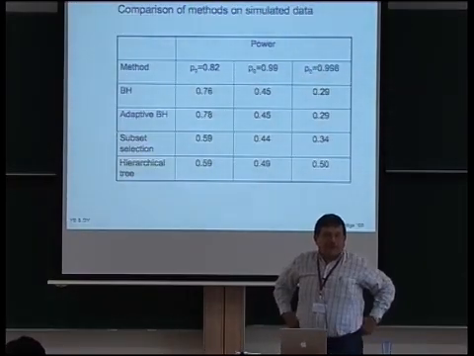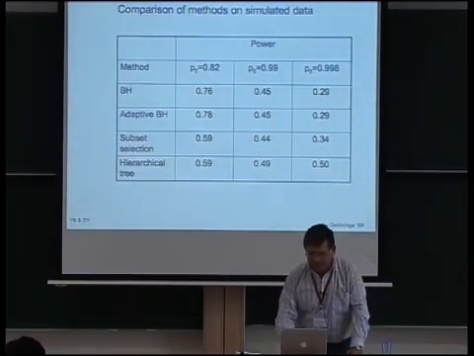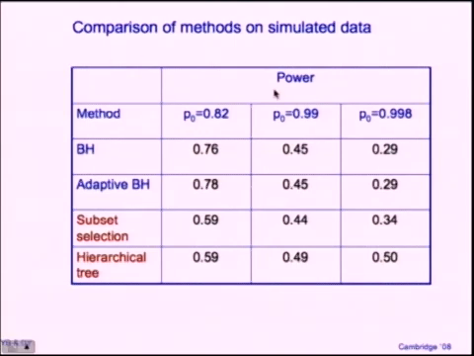Now, how does this method perform in this kind of study? Here is a small simulation study where we studied the power of the BH procedure, adaptive BH, the subset selection that I mentioned before, and hierarchical testing that I emphasized later. When P naught is 0.82, the power is 0.76, adaptive gains something, subset selection does worse, hierarchical does worse.